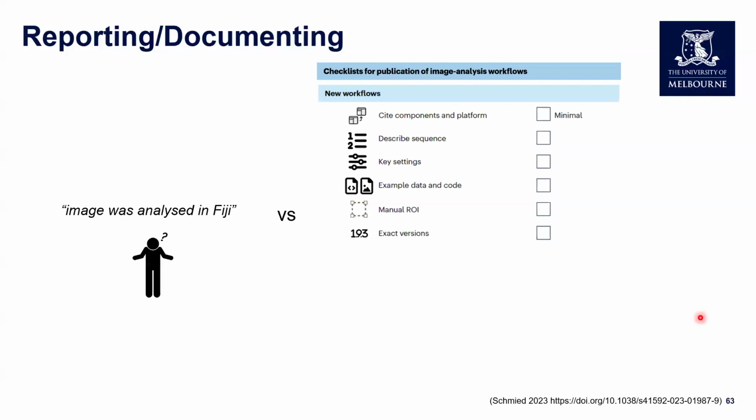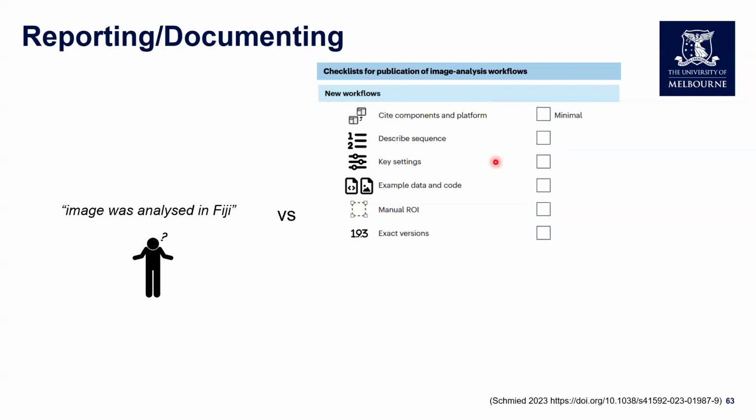To increase the reproducibility of bioimage analysis, many bioimage analysts around the world have got together and developed a complete checklist for publishing images or image analysis. This was published last year in a Nature Methods paper. And it says that, for example, if you're publishing a new analysis workflow, you should provide the details of the individual components used in the new workflow and describe the sequence and key settings as the minimal options.